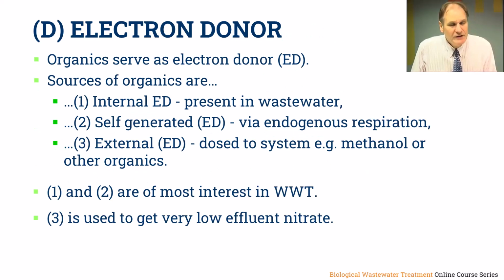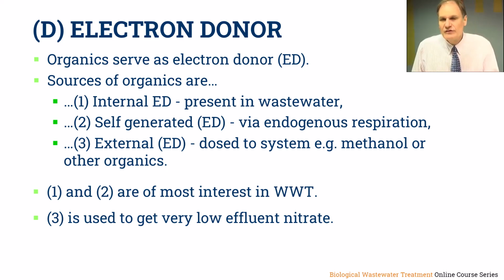And then finally, there is the fourth requirement that we need to do biological denitrification, and that is the electron donor. Now, generally, of course, organics are electron donors, and the sources of these organics are threefold. First of all, we have internal electron donors.